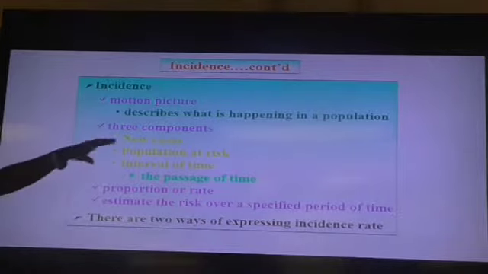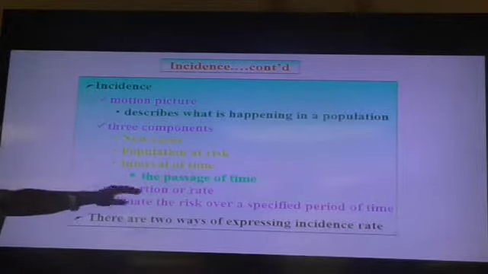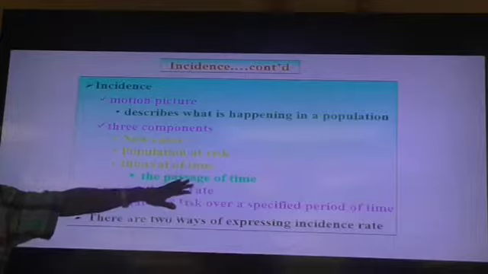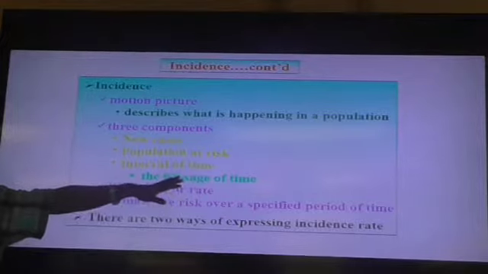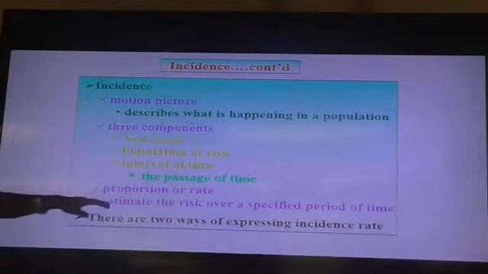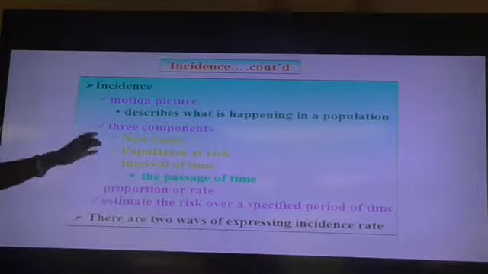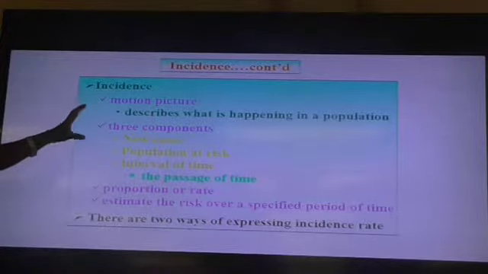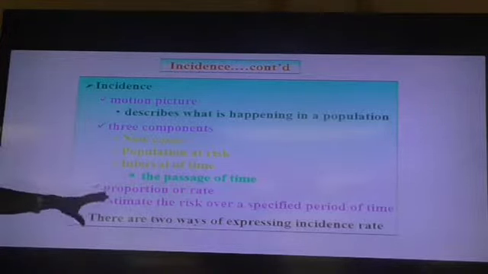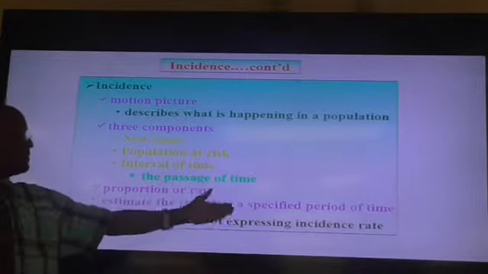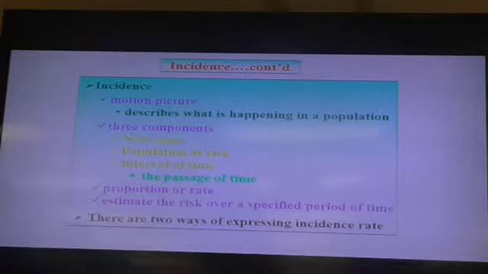So we always report incidence as a proportion, but most of the time really as a rate, per year, per month, or per decade. So as a result, our conclusion or interpretation would be what? Risk of disease over a specified period of time. So that is what incidence rate is about.